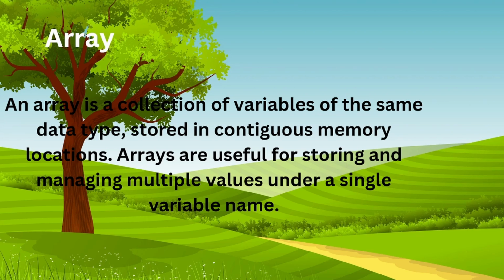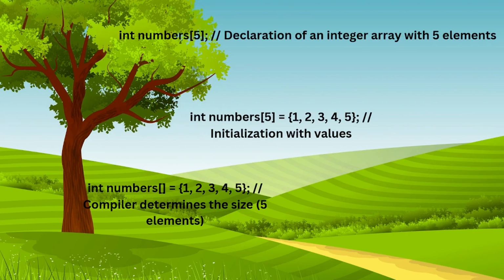Let's take an example for a better understanding. We have an array declared as integer with 5 elements: 1, 2, 3, 4, 5. These are the initial values.